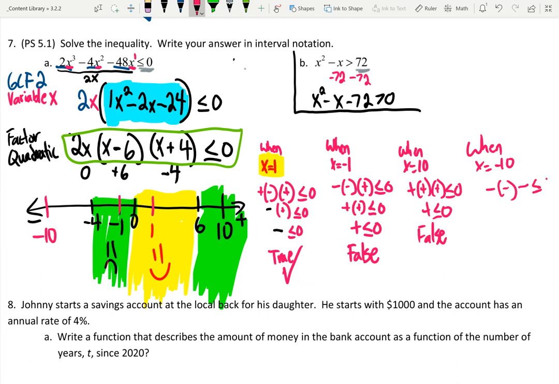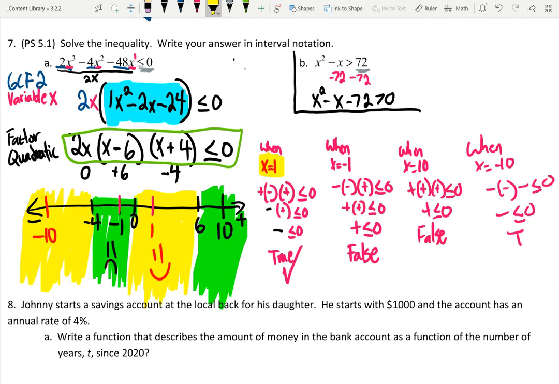I'm going to be comparing that to 0, and this is going to turn out to be a negative is less than or equal to 0, which is true, meaning that between -4 and negative infinity, all answers work.